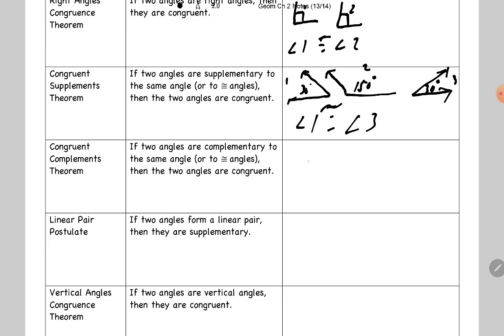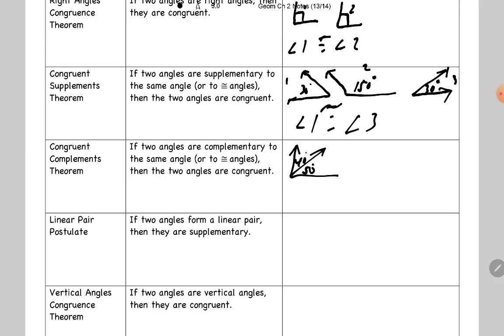And same thing with congruent complements. If they add up to 90 degrees, so let's do something here. Let's say this is 50, this is 40, so they add up to 90.